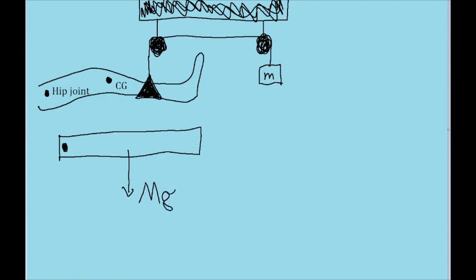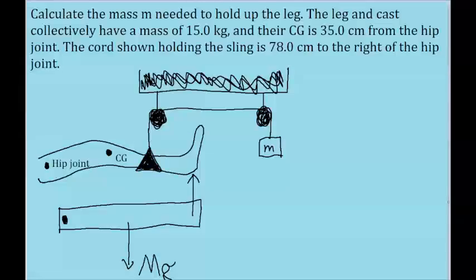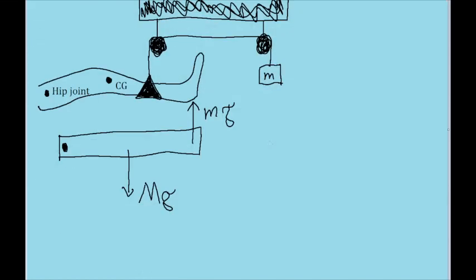Now secondly, acting upwards is the force from the tension of the sling that is pulling on it, which originates from this mass here. I'm going to call this tension force lowercase mg, because that tension is just going to be the same as the weight of that small mass.